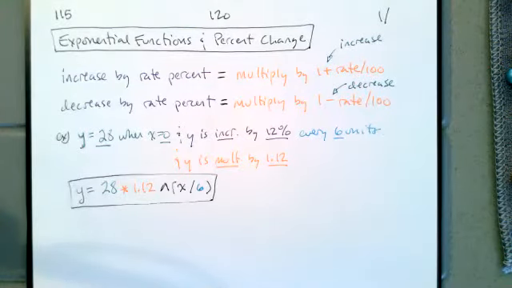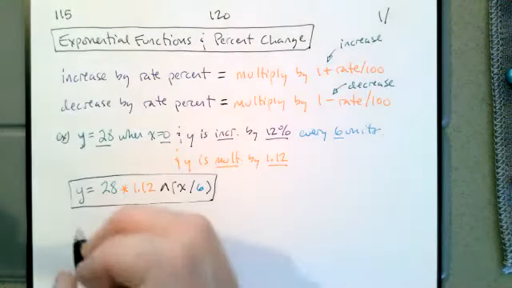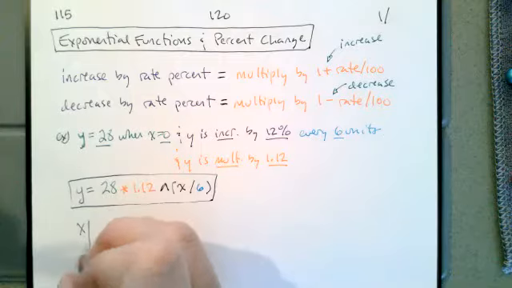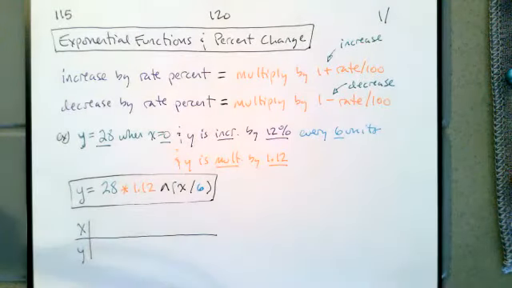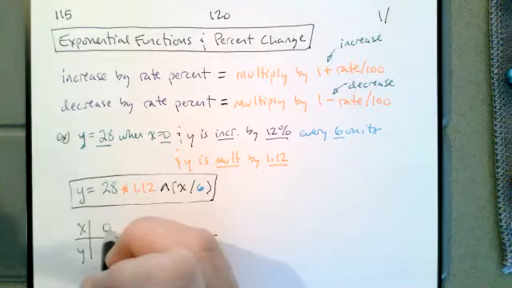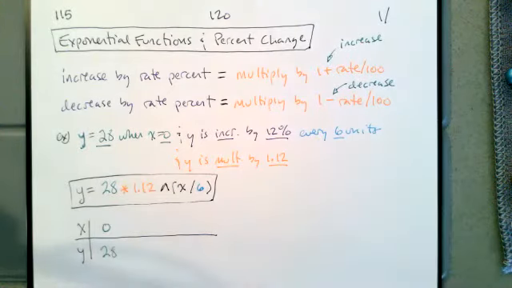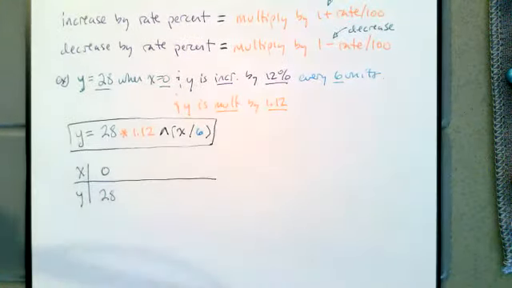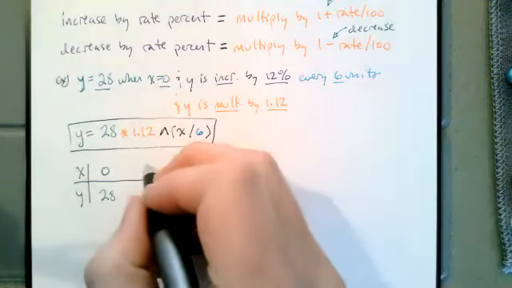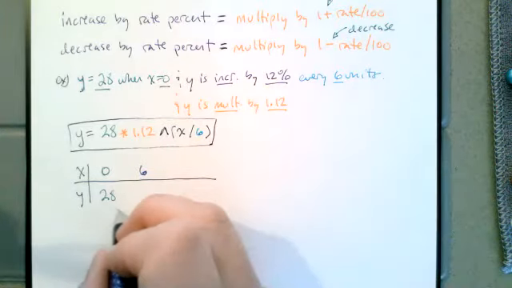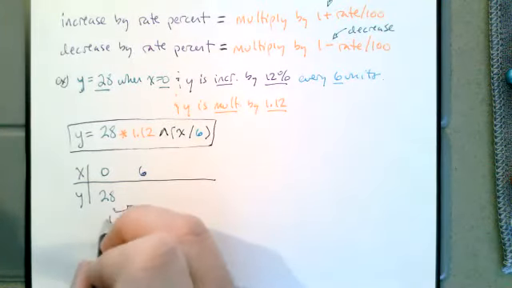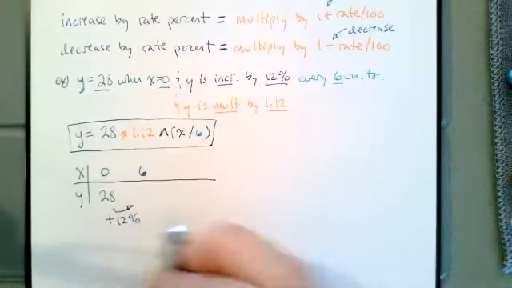If we want to build a table of values, we want some sample values for what's going on in this function. We know that we'll start at 0 and 28. And from 28, after 6 units, we will increase by 12%.